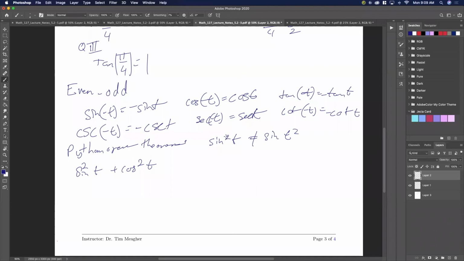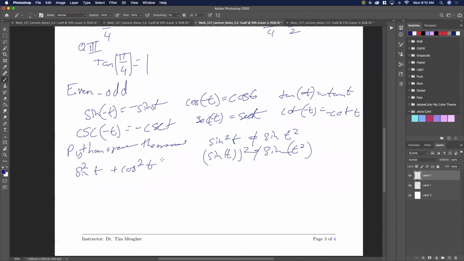Basically, if we put the power on the word, not the variable, what I really mean is sine of t, then squared, if I was being pedantic with my parentheses. So where we put the powers matters.